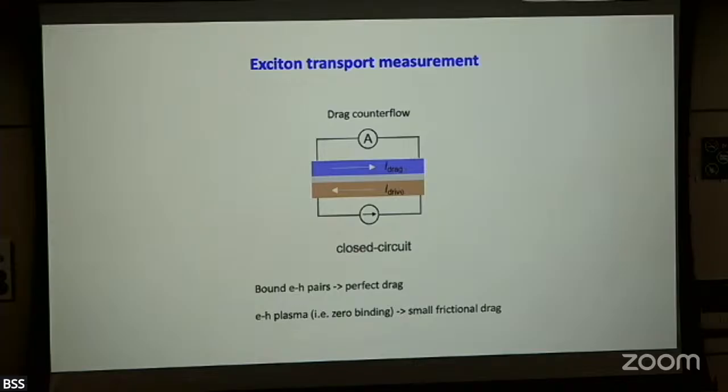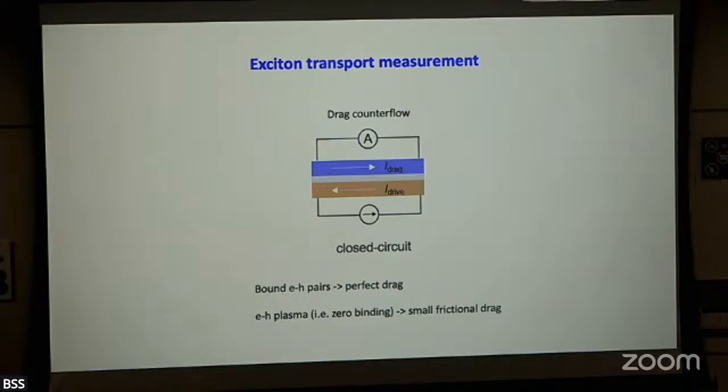If electron and hole are bound, then we expect them to move together. So in that case, we should have perfect drag. What I mean is that the drag current should have the same amplitude as the drive current, but in the opposite direction.